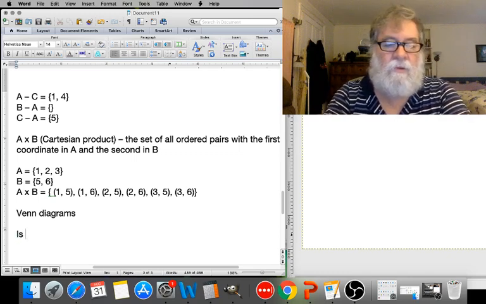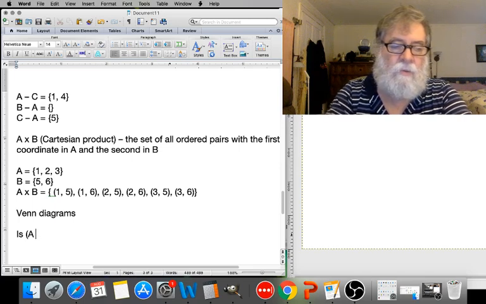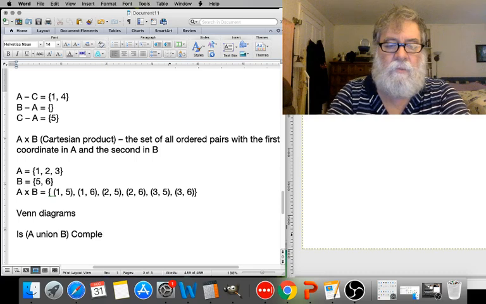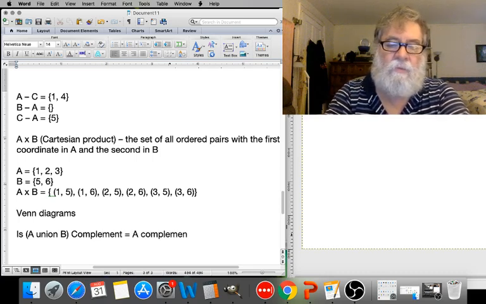Is A union B, complement, equal to A complement union B complement?